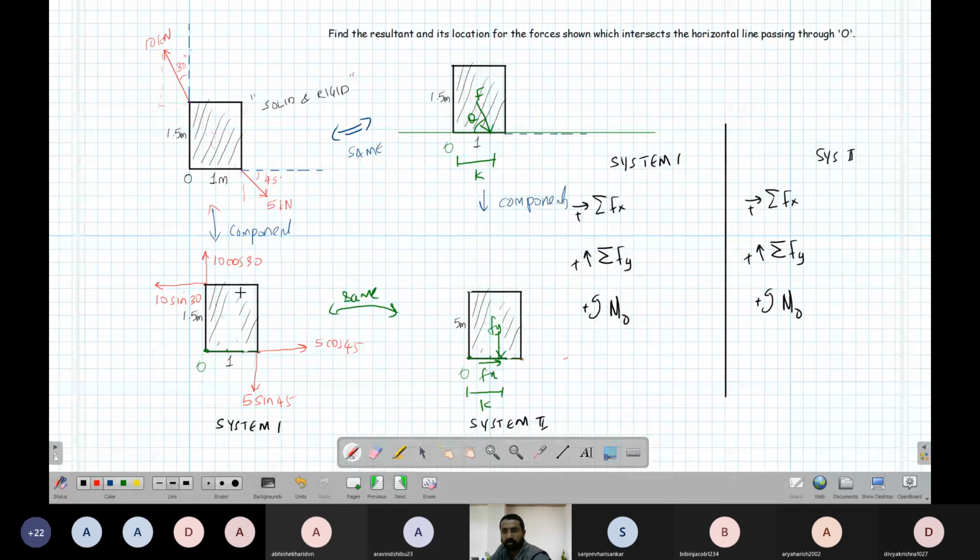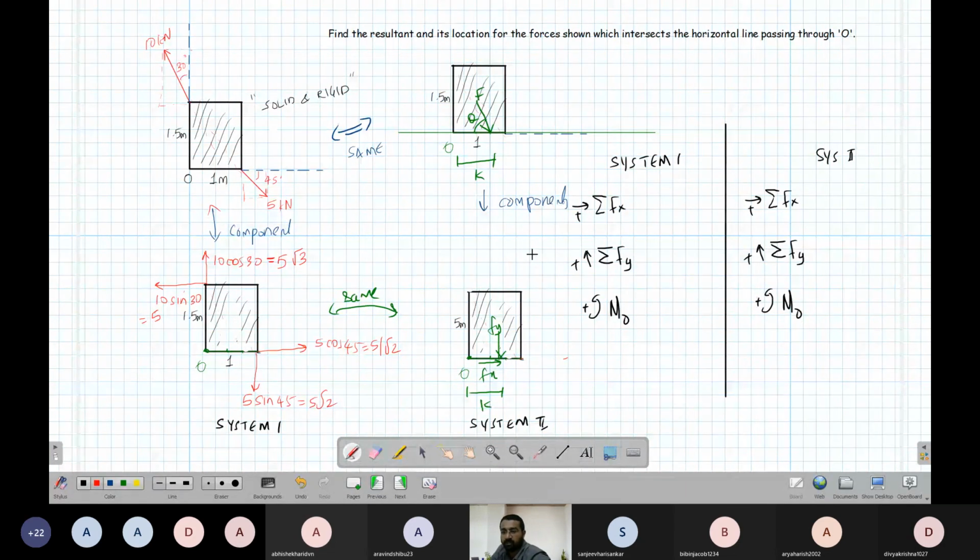Now what are these components? We will just quickly write their values. So 10 cos 30 is 5 root 3. 10 sin 30 is 5. 5 cos 45 is 5 by root 2. 5 sin 45 is 5 by root 2.